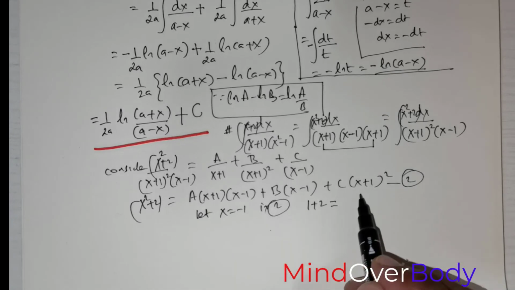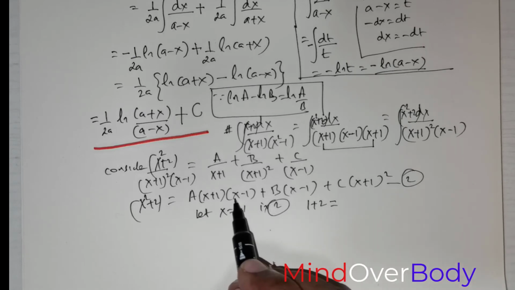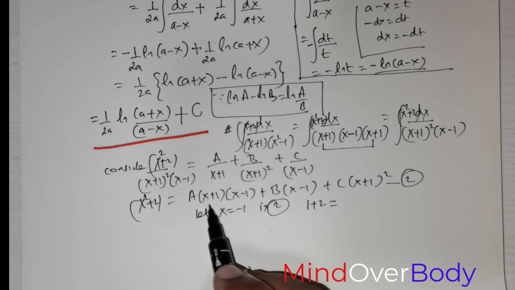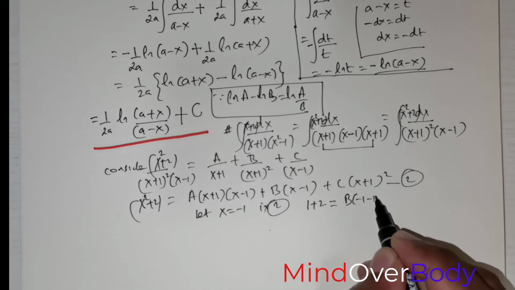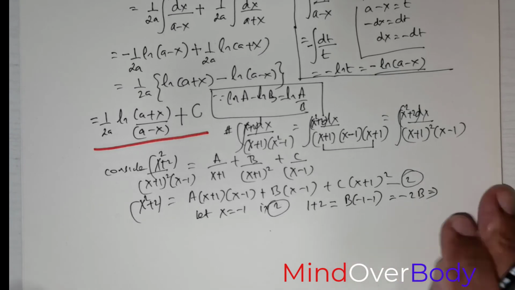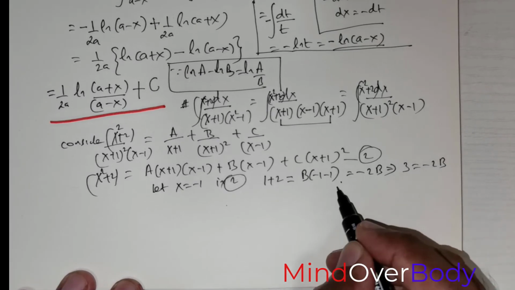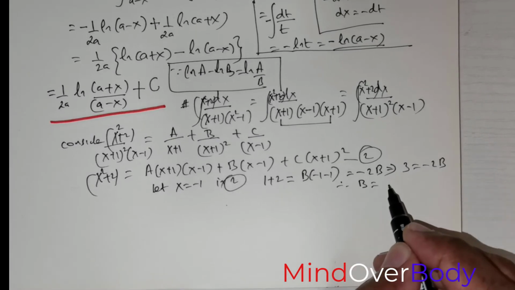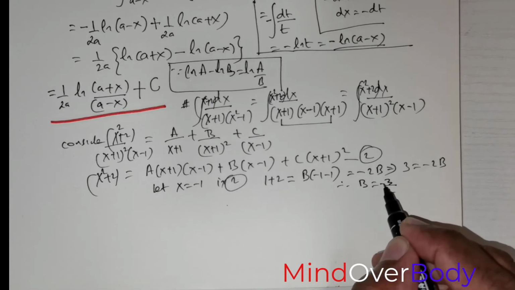On the right hand side, this is going to vanish, x is equal to -1, but this will remain. So -1 - 1 gives me -2 times b. On the left hand side, I already have a 3, so 3 is equal to -2b. Therefore my value of b is going to be 3 over 2 with a negative sign.